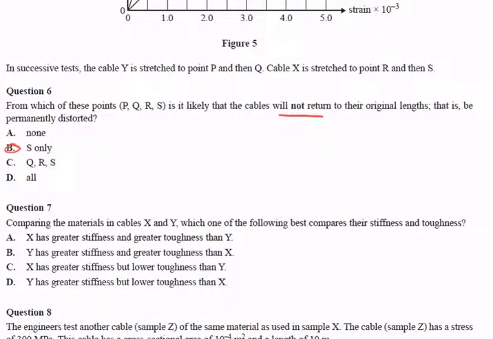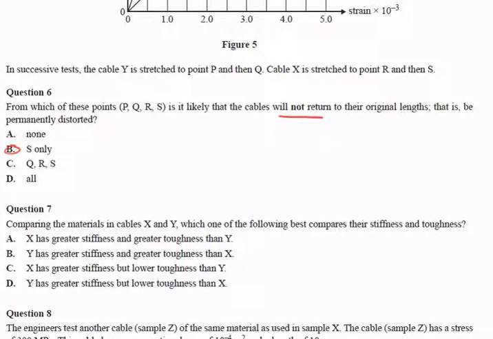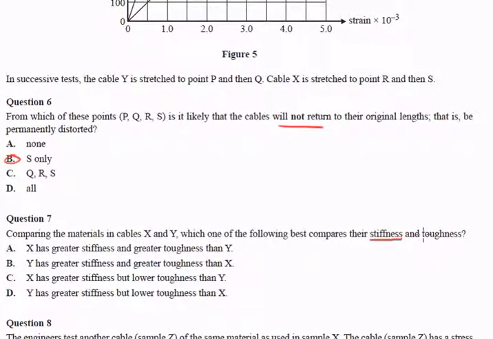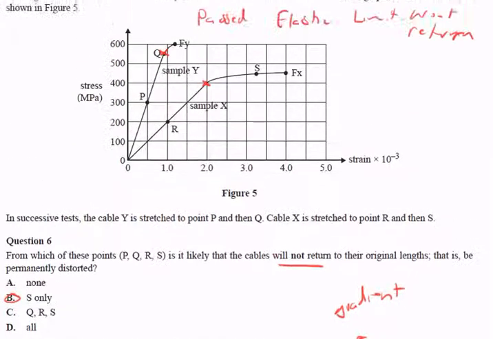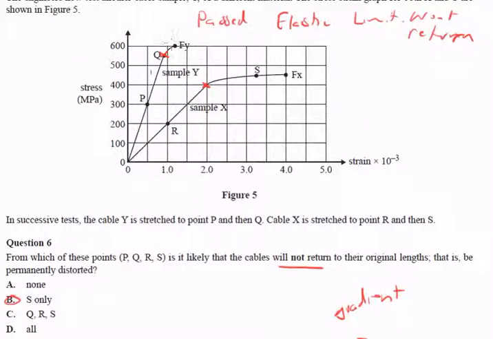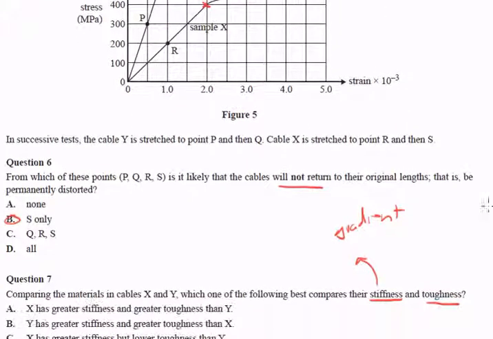Comparing the materials X and Y, which of the following best compares their stiffness and their toughness? Stiffness is the gradient. Y has a bigger gradient than X, so Y is the stiffest.